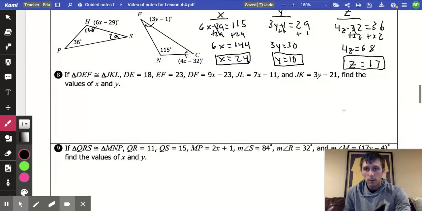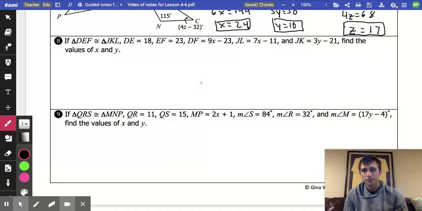All right, number 8. Now, DEF and JKL are congruent, all right? So what that means is, let's just do the sides, because they give us sides, right? DE, EF, FD, those are all the sides, right?